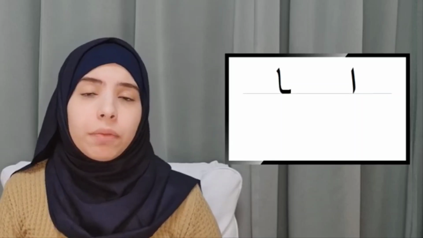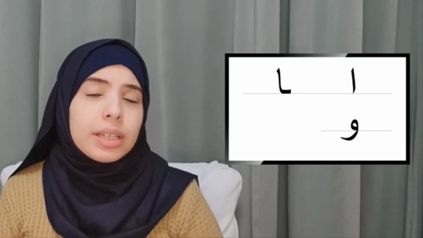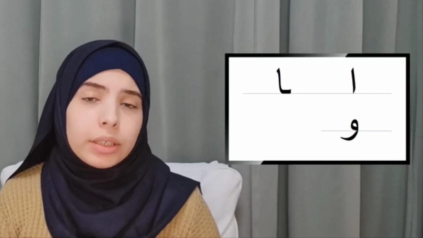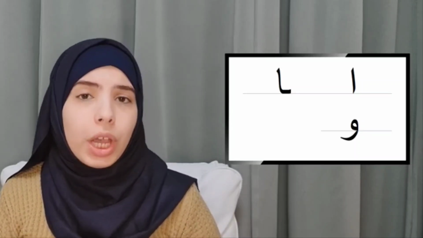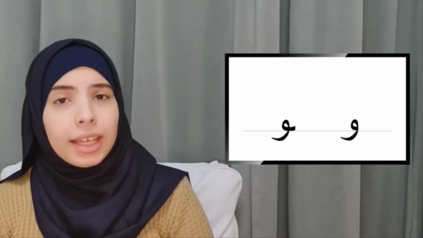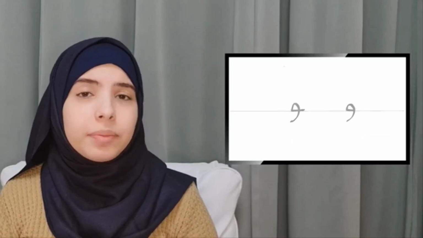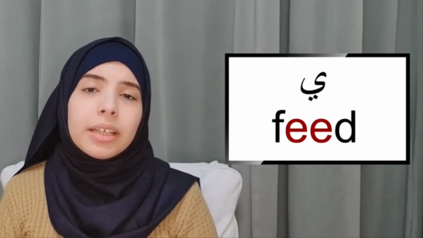Just like alif, waw is not a connectable letter, so it doesn't connect to the following letter. It only has two shapes: this and this. Again, this and this. Ya sounds like the double E in the English word feed.